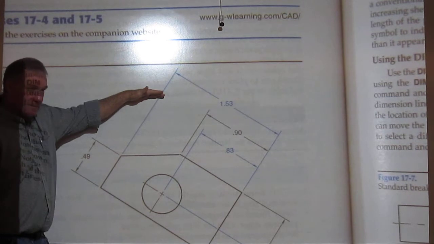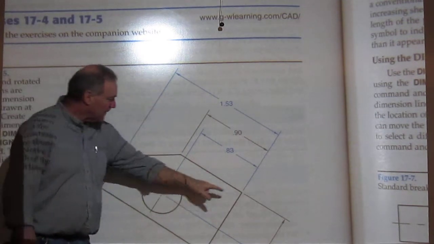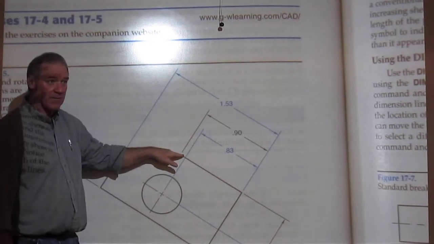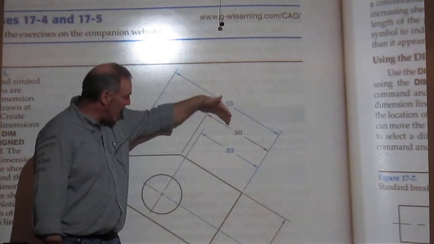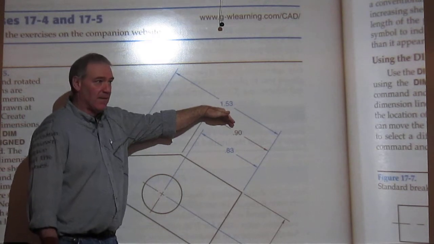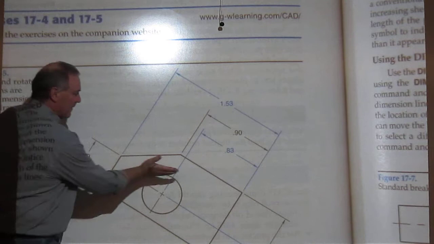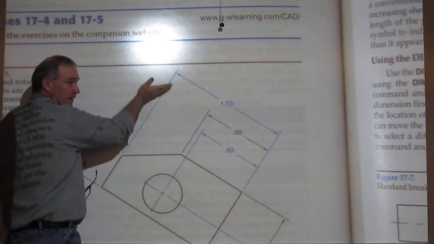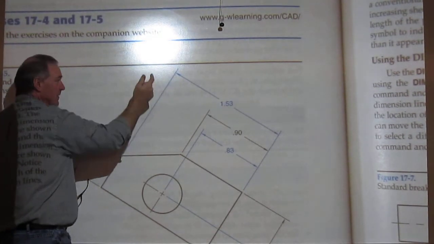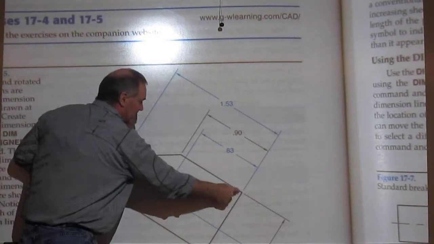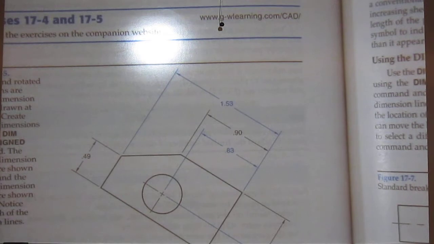So what I use is dim linear, and I can click here and here, which gives me the X distance, and I click the rotation angle, and it pulls it back up so it matches with this one. This one right here, if I clicked here to here, it's going to go horizontal with that, right? Different angle again. So you use dim linear, click there, there, rotate it to this angle, and it pulls it to the right angle.